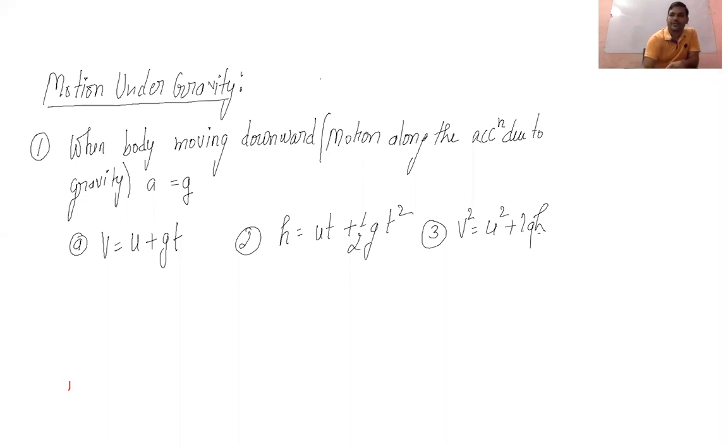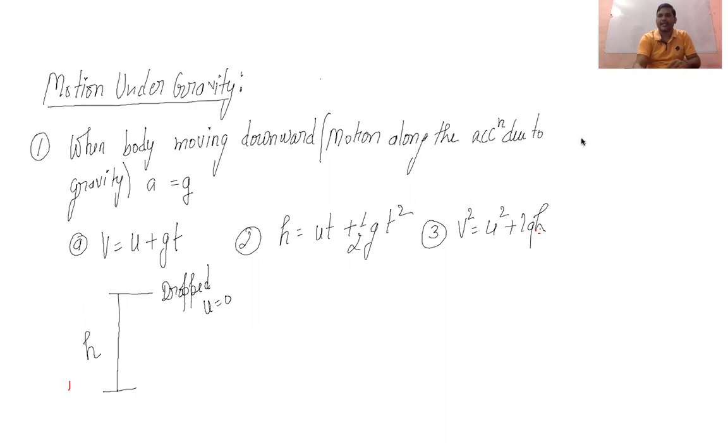Let's see the free fall. We can draw a diagram here. Suppose a ball is dropped from this height h. In case of a drop, the initial velocity will always be taken as 0, because you are not given any velocity here.